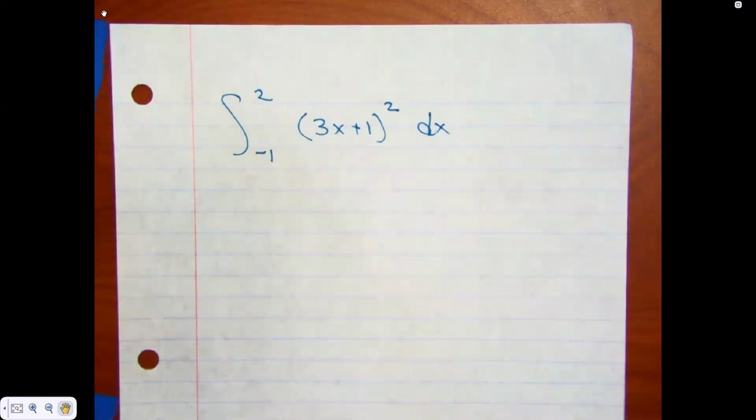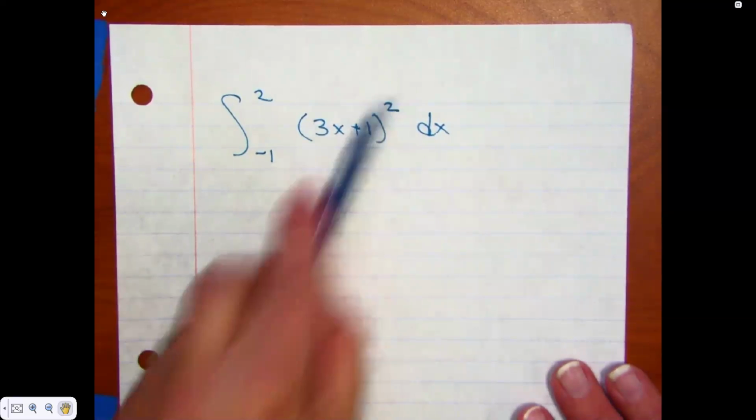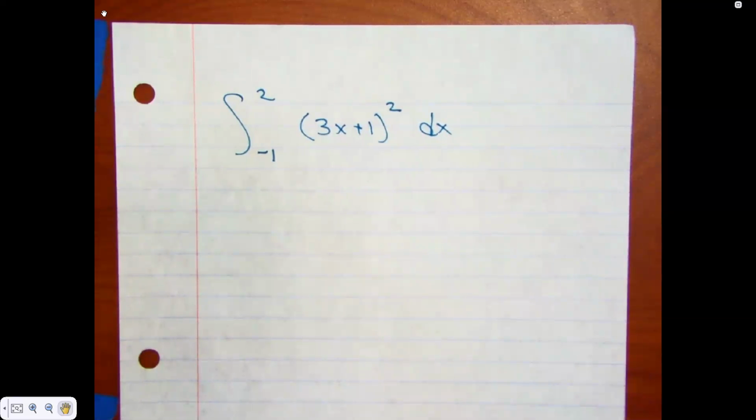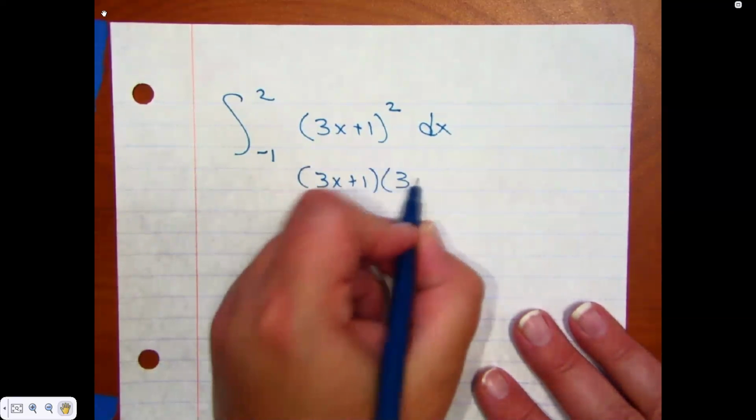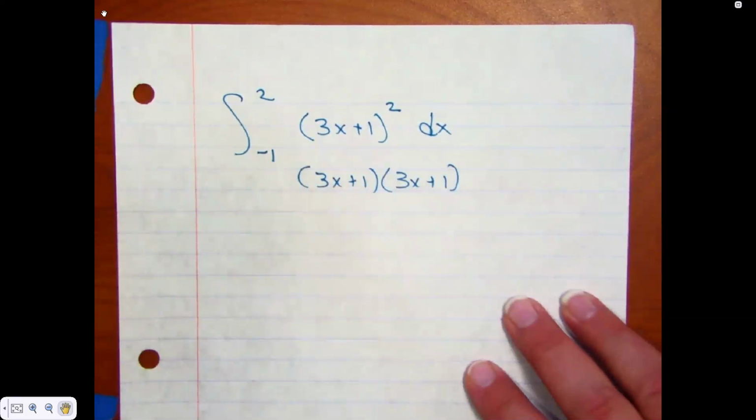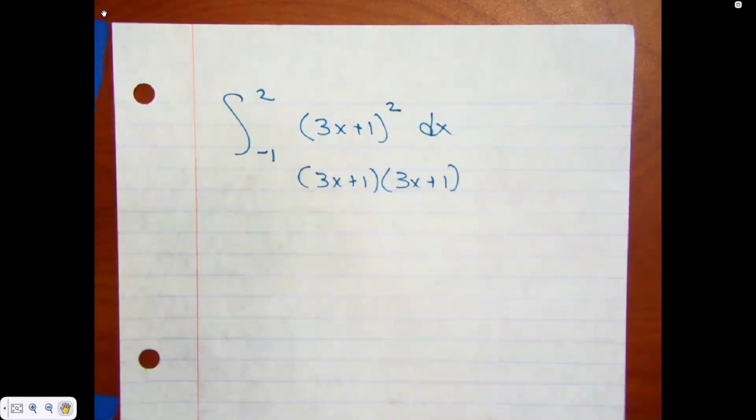That is not 9x squared plus 1. You cannot bring that in. What do you have to do there? You must write it out twice and then FOIL. Okay? You must write that out twice and FOIL.